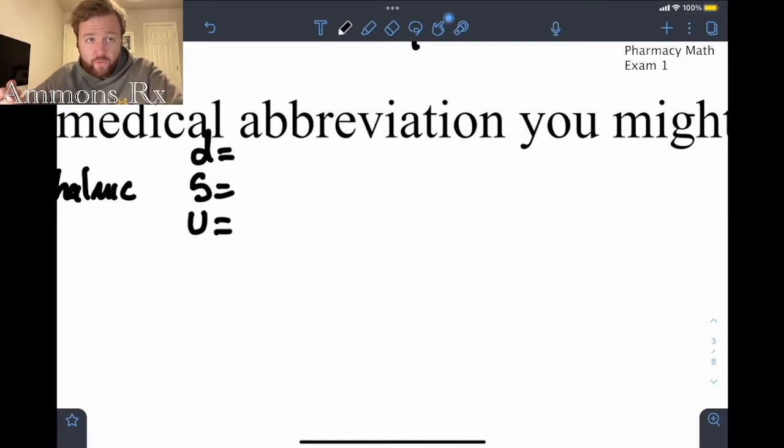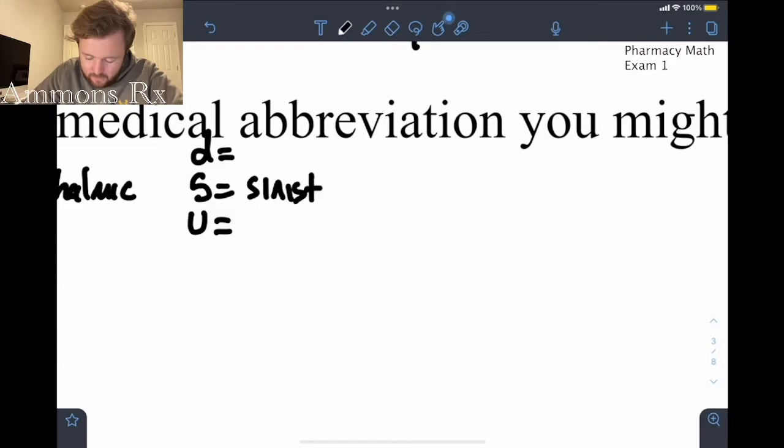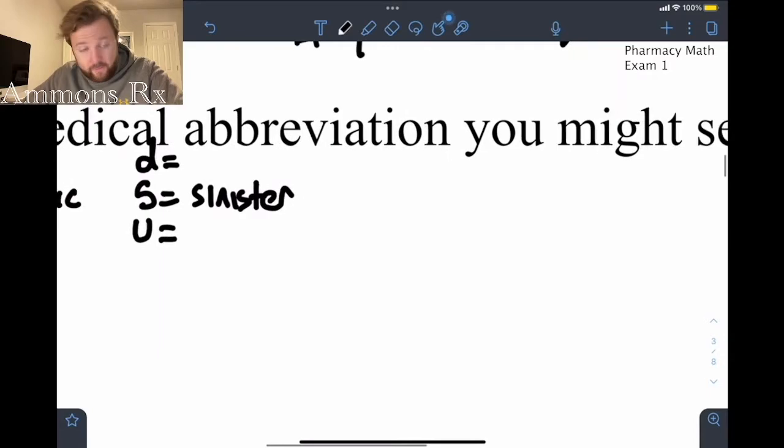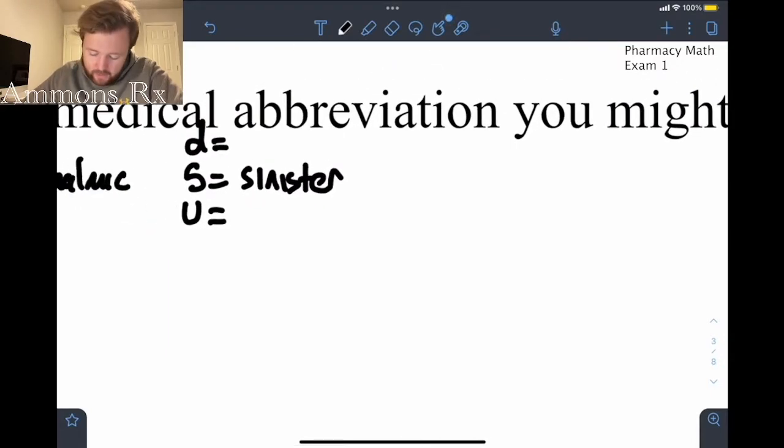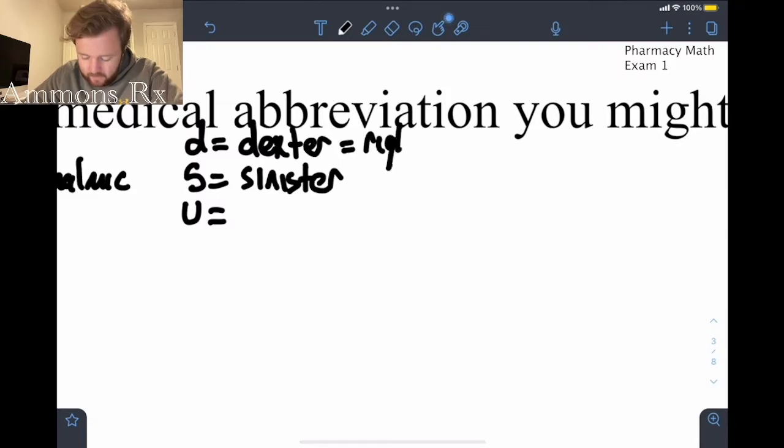The Latin word for bad is sinister. This is directly leading into a left-handed joke about how left-handed people are evil. I'm just kidding. But just remember that left-handed is S, and D is dexter, which is right. And then U, I think of unanimous or uniform or unity, together. It's going to be both.